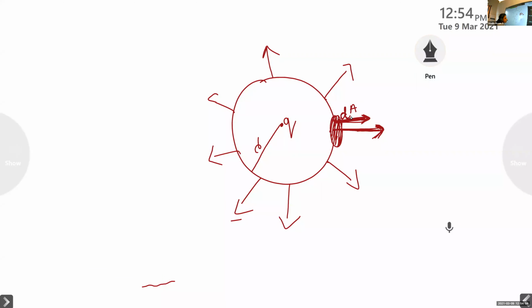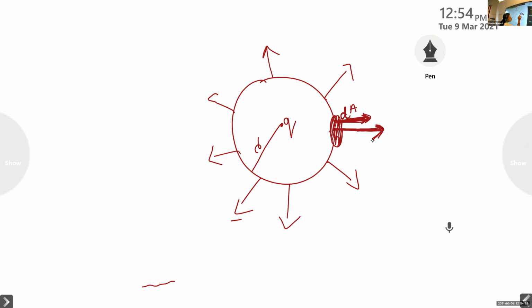What is the direction of the area vector? The direction of the area vector is always normal to the surface, that is, along this direction. Then I observe the direction of the electric field. The direction of the electric field is also in this direction.